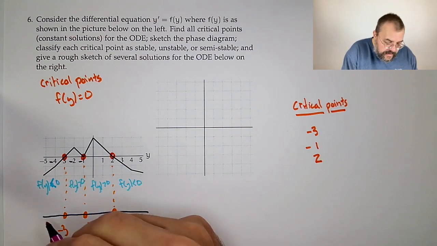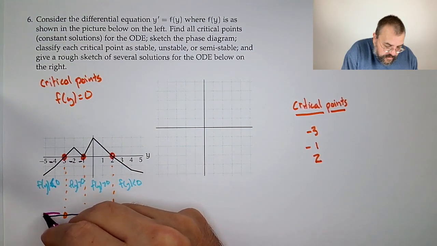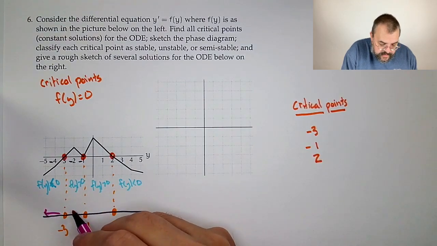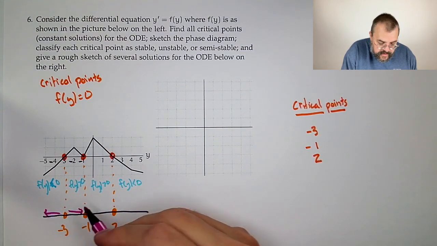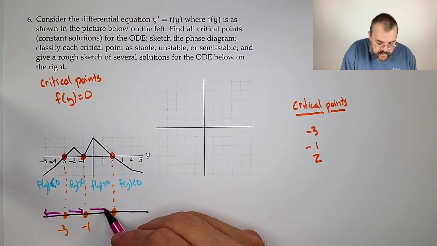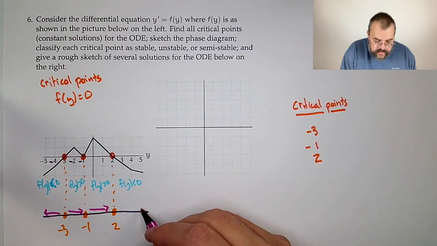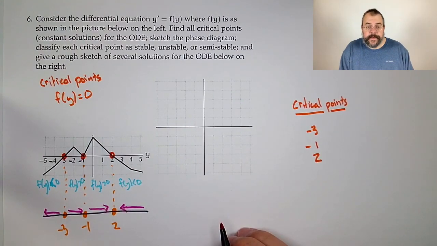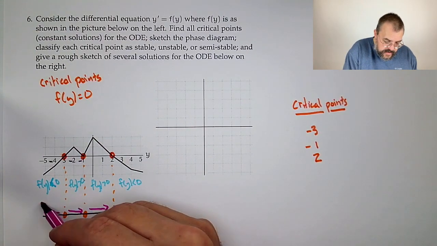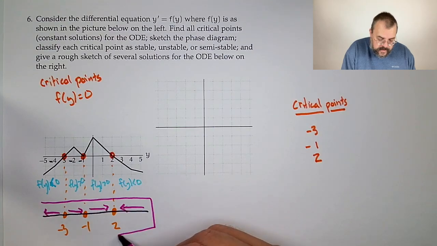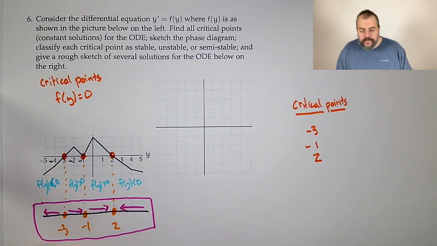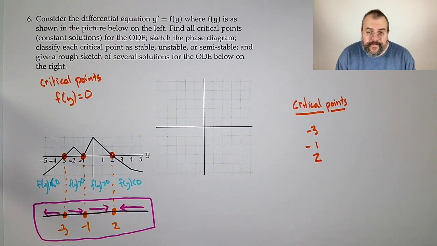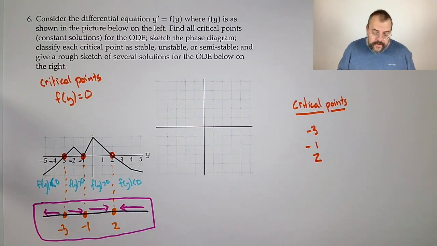So negative says I move to the left, positive, move to the right, positive, move to the right again, negative, move to the left. So there we go. So this is our phase diagram.